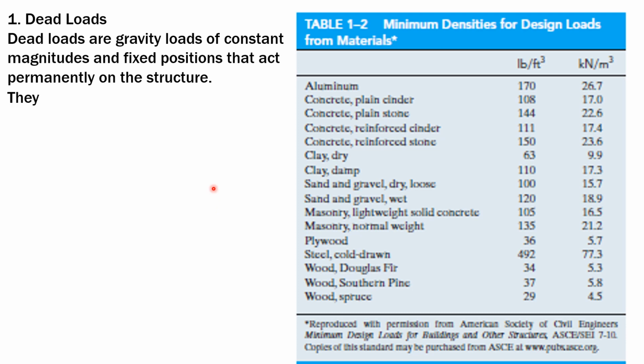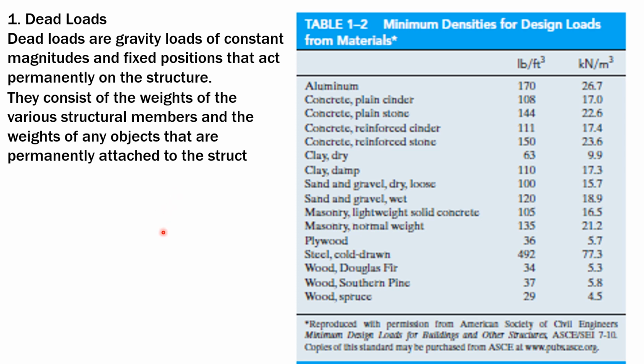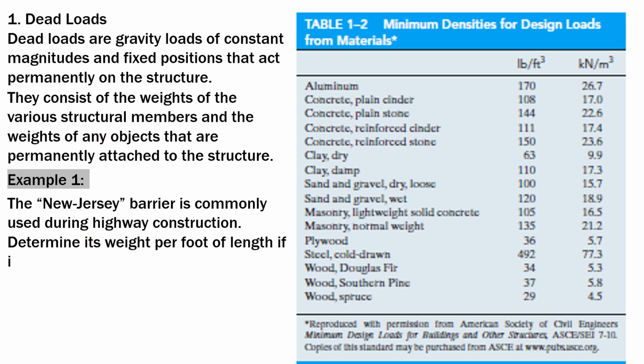They consist of the weights of the various structural members and the weights of any objects that are permanently attached to the structure. This one is presented in my YouTube, and you can have this in Dagler also.